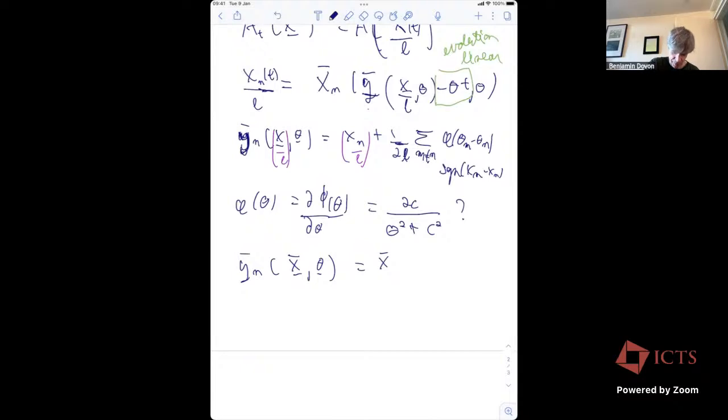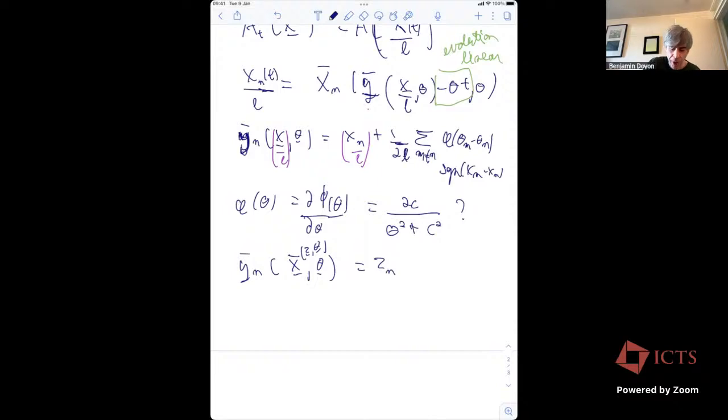This x depends on some y bar and theta. Maybe I should not call this y bar, let's say z, okay? Some z, I would get z n. So y bar and x bar, they are inverses of each other.